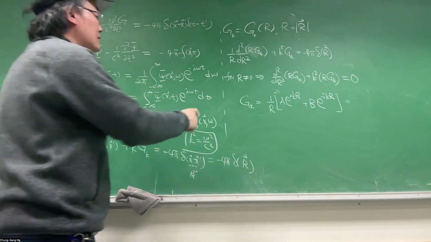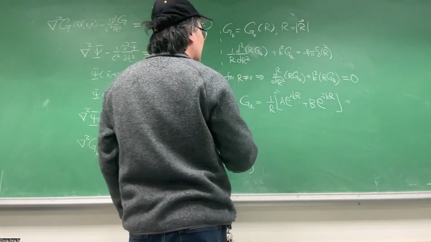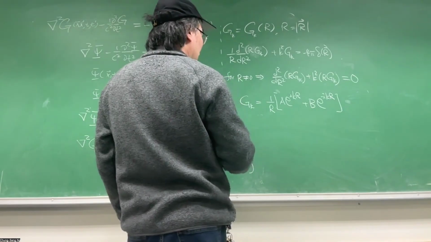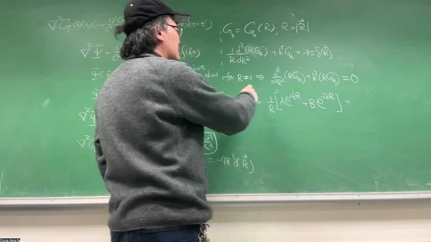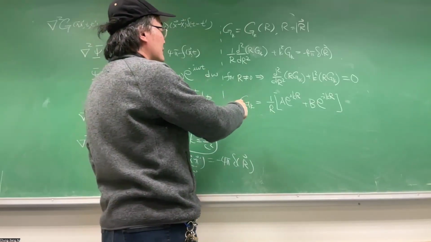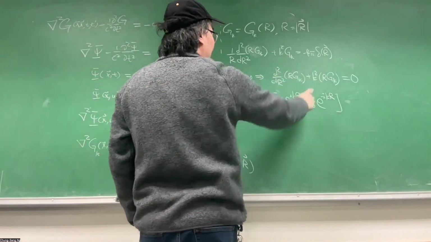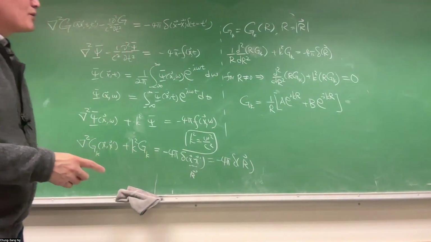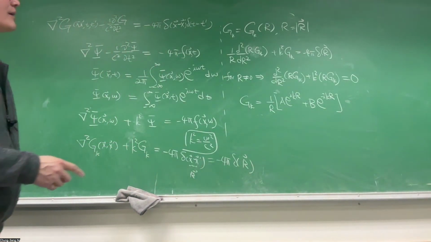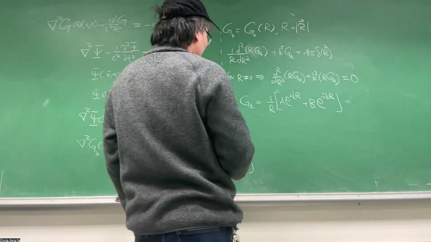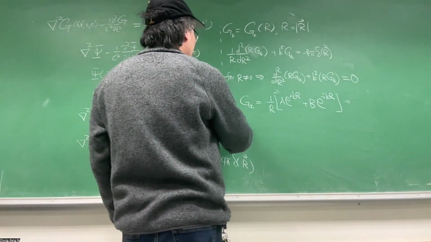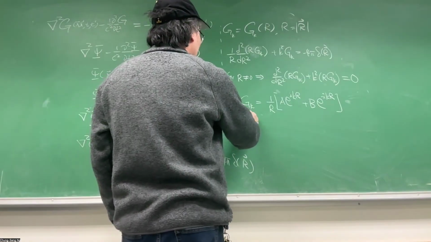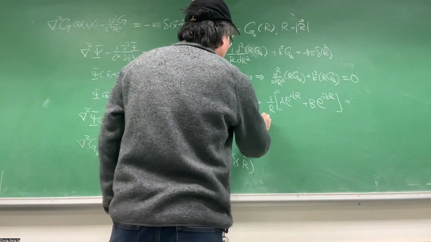Right. And this is for R not 0. You can say that it's homogeneous because we set the right hand side to 0. But we are solving the Green function now, so we need to match it to the part where R tends to 0.